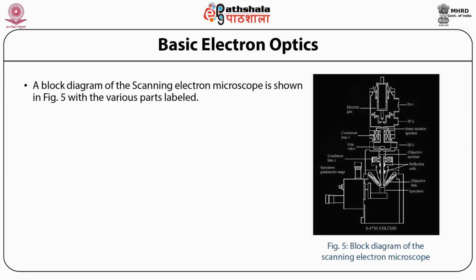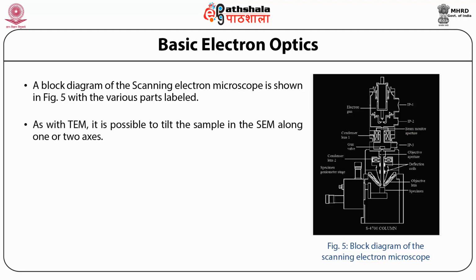A block diagram of the scanning electron microscope is shown in figure 5 with the various parts labeled. As with TEM, it is possible to tilt the sample in the SEM along one or two axes.